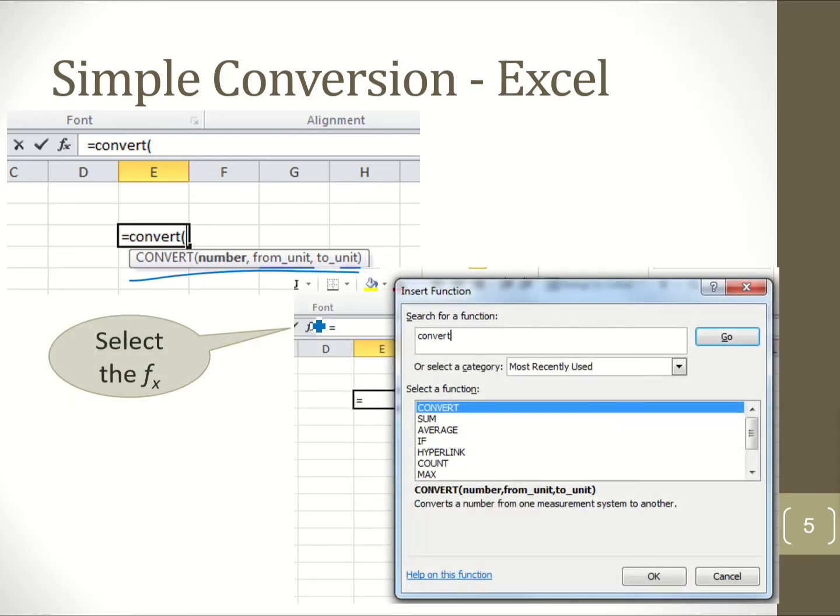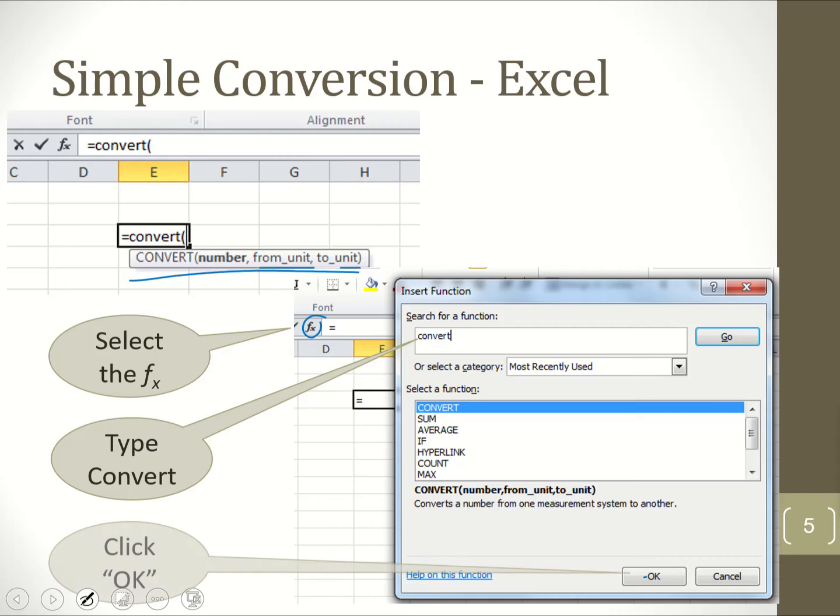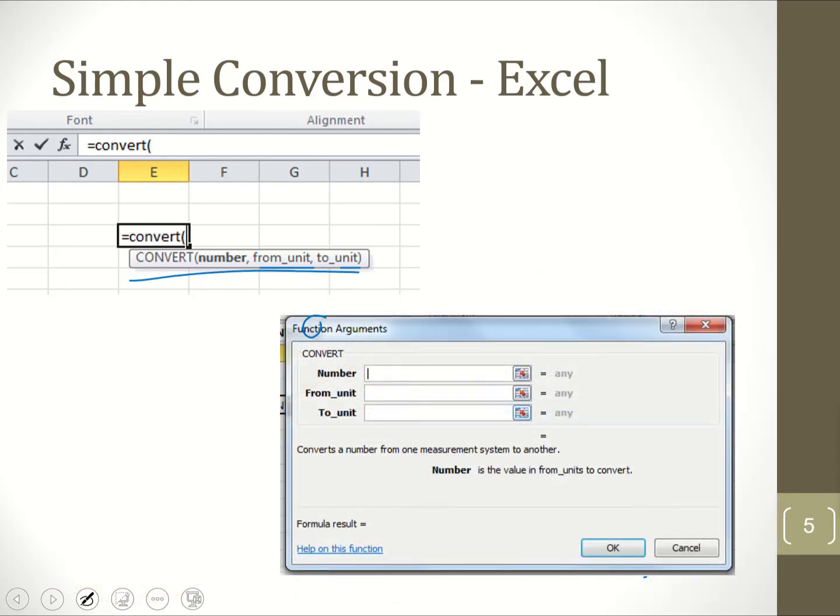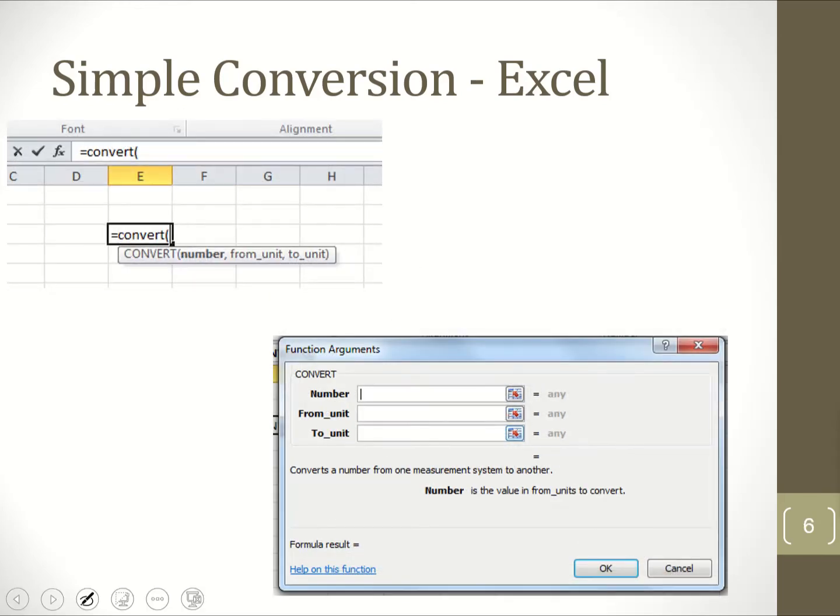Or you can also select this f of x down here, or go to insert and select f of x, type in convert, and click OK. When we do that, we get this box here. Now we can start typing in some value for our number. We can put in a cell or an actual value for the number itself. Maybe we pick a 3 or something like that.